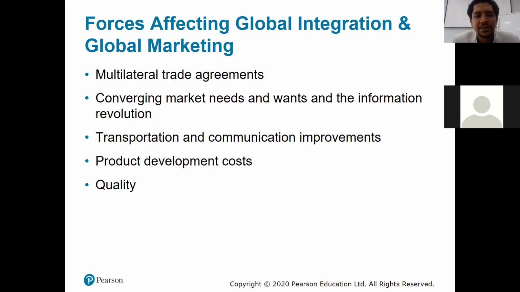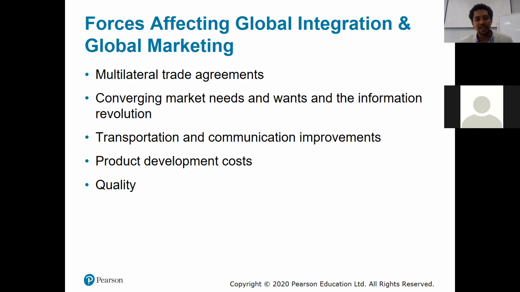brands. You have transportation and communication improvements. As I've said, transportation and information technology, or communication improvement, is the major reason for global marketing to expand. And the other is product development costs. Now product development costs less than it used to be.